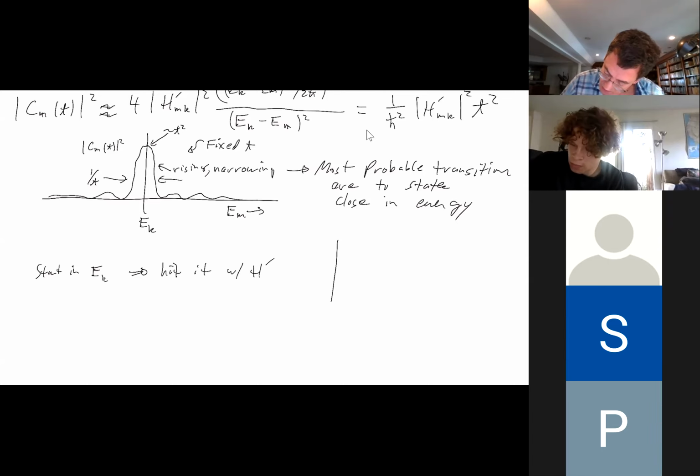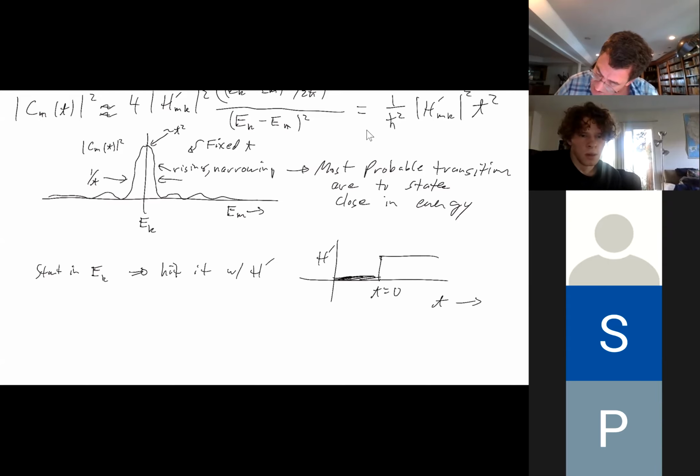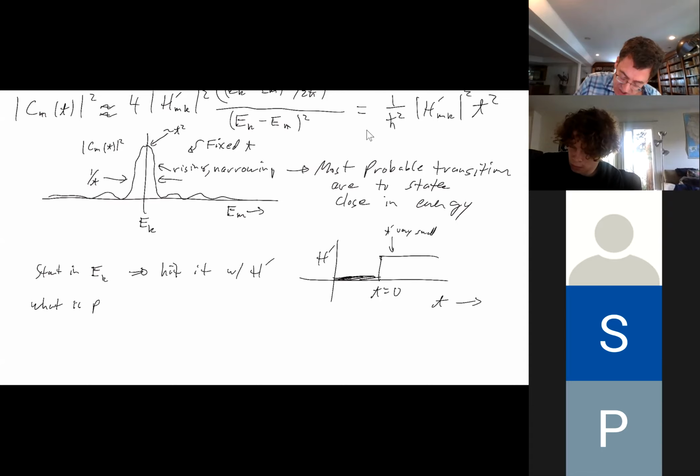Remember we drew the perturbation in time. It was 0, and then boom, I hit it at t equals 0. And now let's consider t prime very small. I want to ask you, what is the probability to be in the final state at infinity?